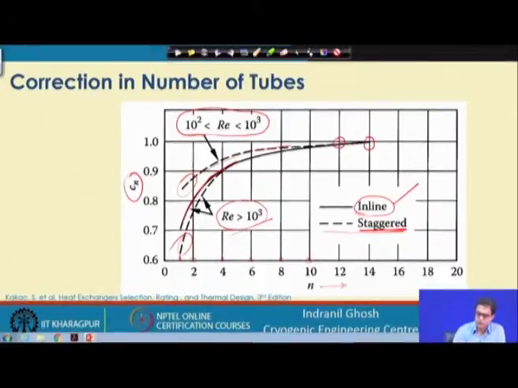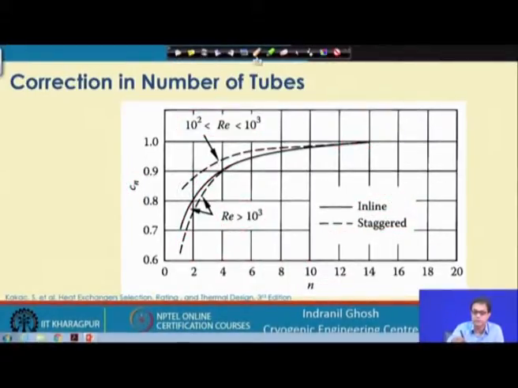It is not only giving for 2, 4, 6, 8; the intermediate values can also be taken as 3, 5, and we can also evaluate at 9, etc. So, depending on the number of tubes, if it is less than 10 or 12, then we can accordingly take care of that correction factor that we have to incorporate within the correlation that has been given in the earlier slides.